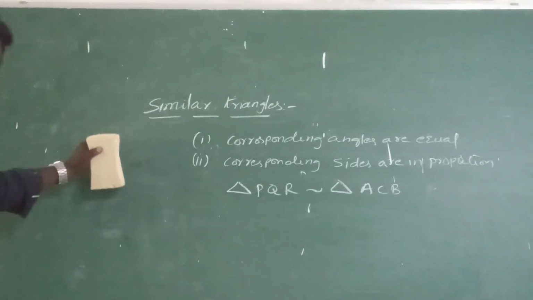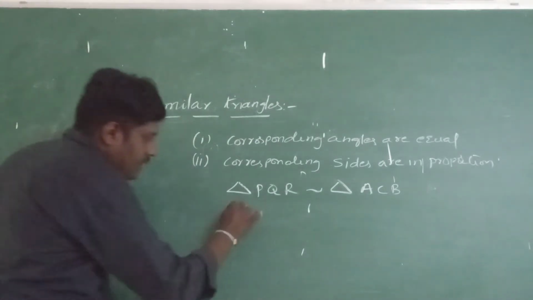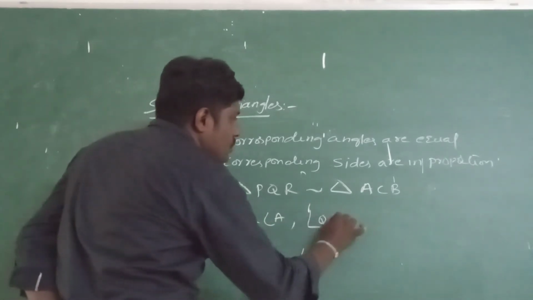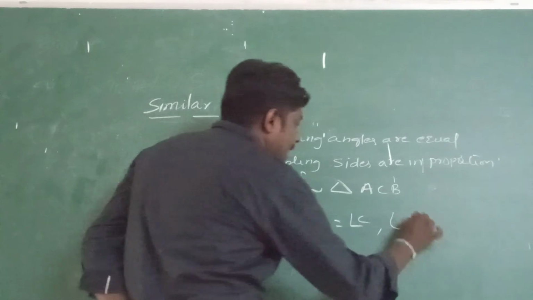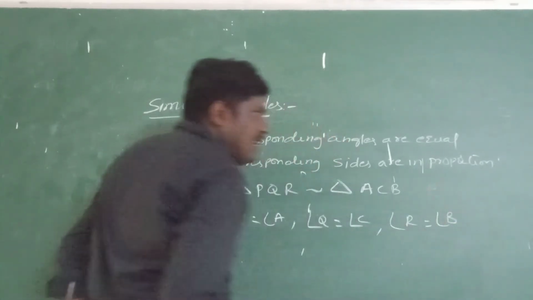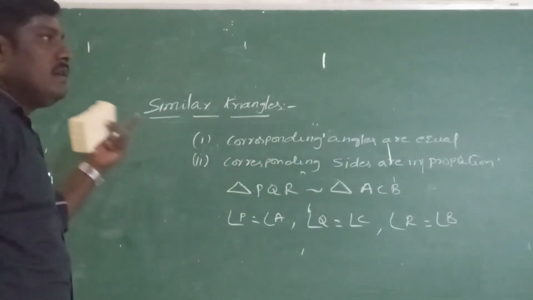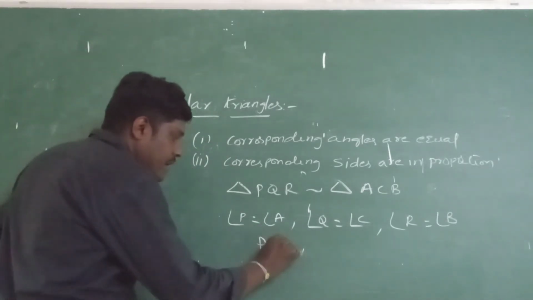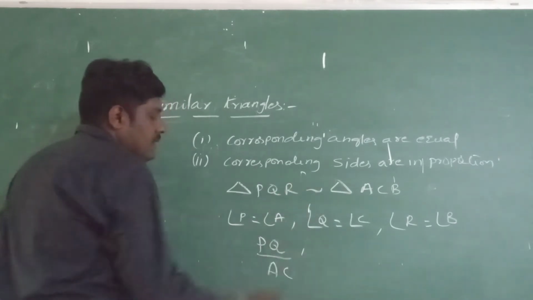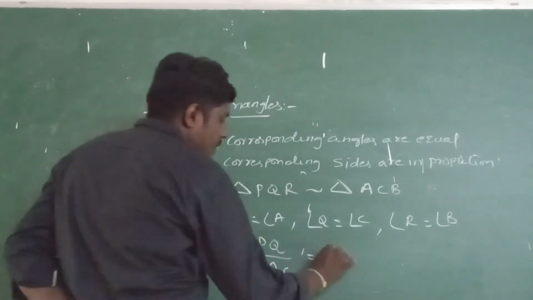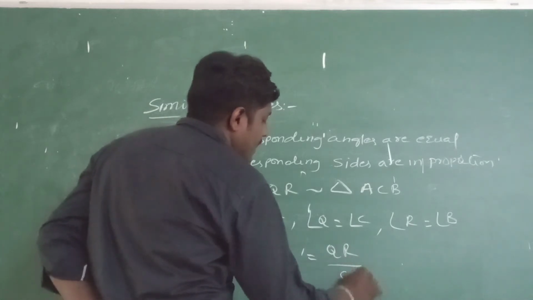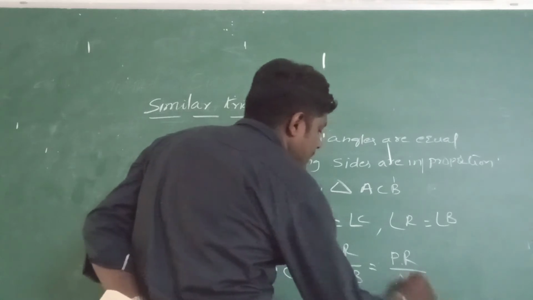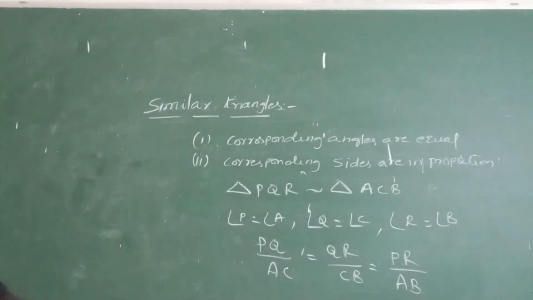Then the conditions are angle P equals angle A, angle Q equals angle C, angle R equals angle B. Corresponding angles are equal, and corresponding sides ratio is equal. That means PQ by AC equals QR by CB equals PR by AB.